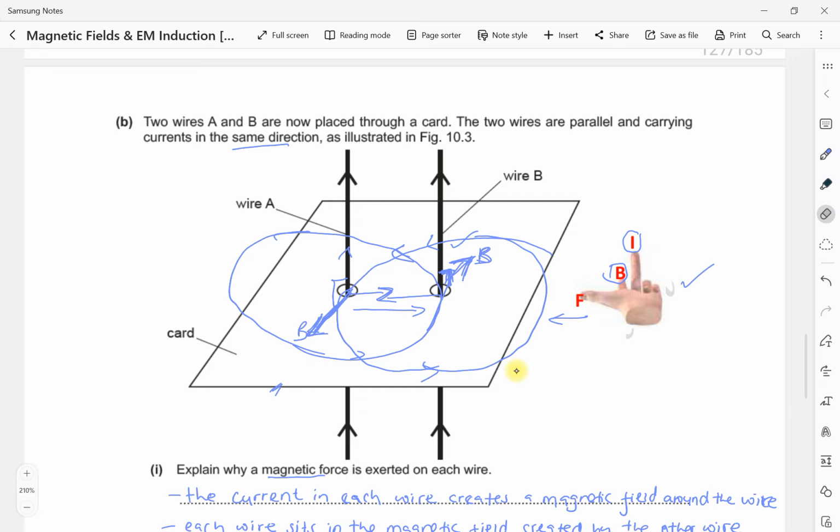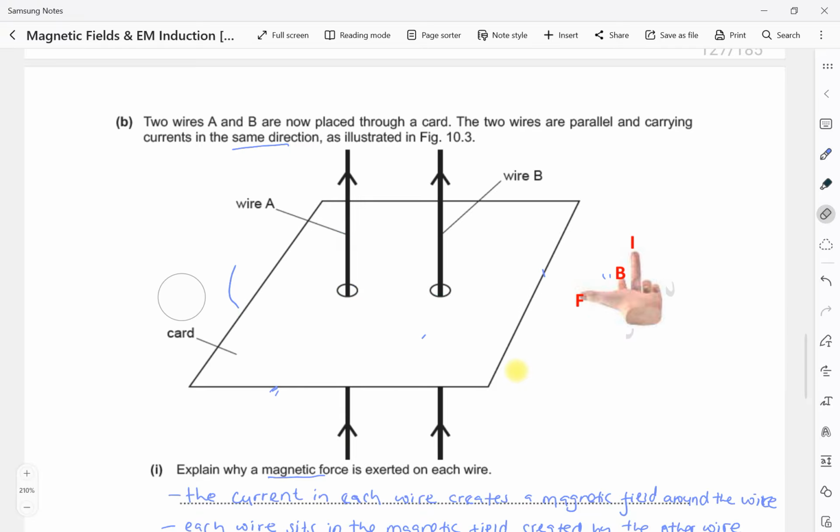So in a nutshell, whenever wires carry current in the same direction, the force is always attractive, and when the wires carry current in opposite directions, the force is repulsive. You can check question 4C in part 1 of these episodes.